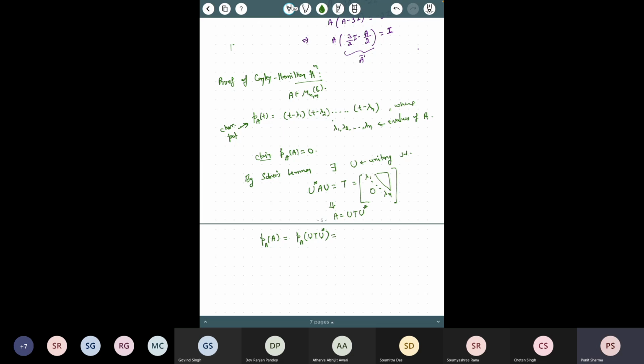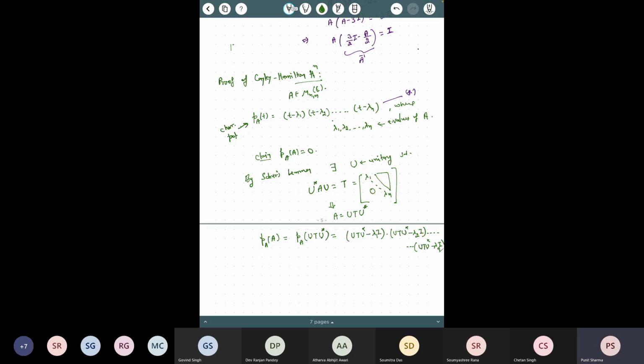Let me call the earlier expression star. From star, instead of t, I have to write U T U star. So it would be (U T U star minus lambda 1 I)(U T U star minus lambda 2 I) and so on up to (U T U star minus lambda n I).